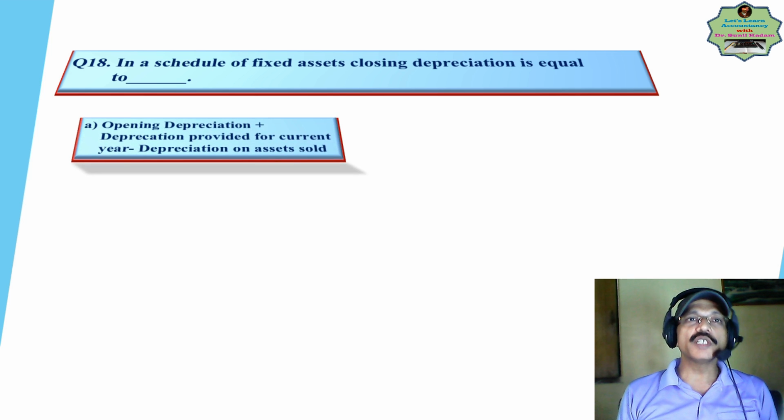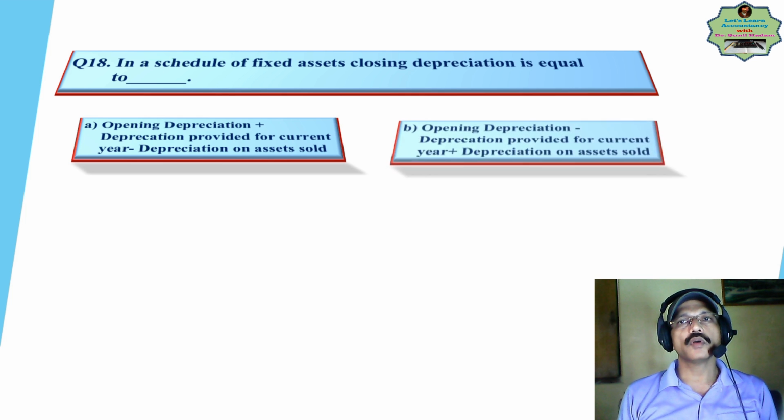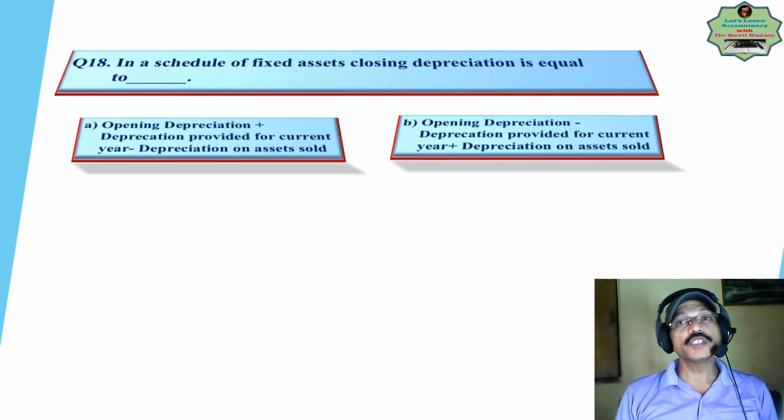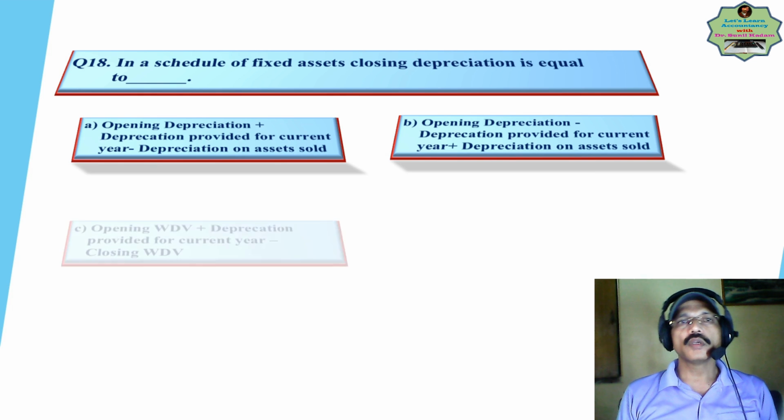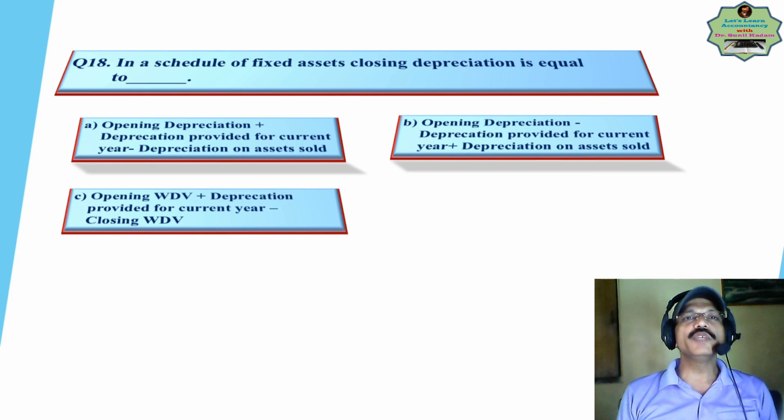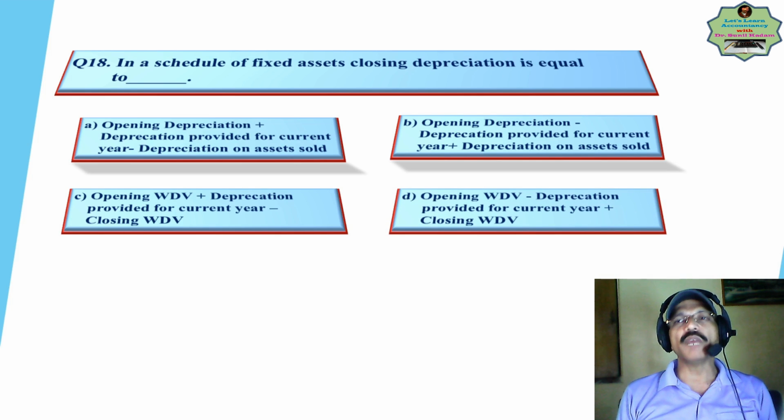Opening depreciation plus depreciation provision for current year minus depreciation on assets sold out, or opening depreciation minus depreciation provision for current year plus depreciation on assets sold. Opening WDV plus depreciation provided for current year minus closing WDV. Opening WDV minus depreciation provided for current year plus closing WDV.